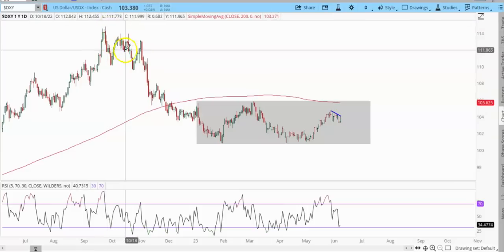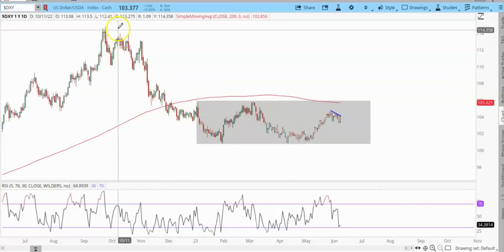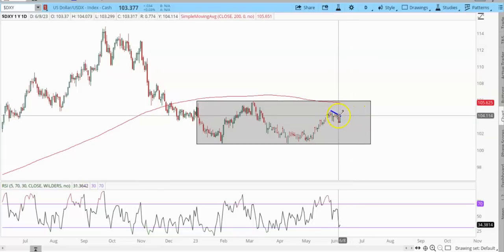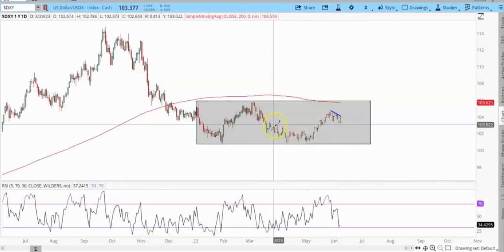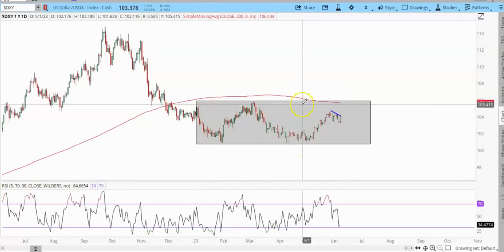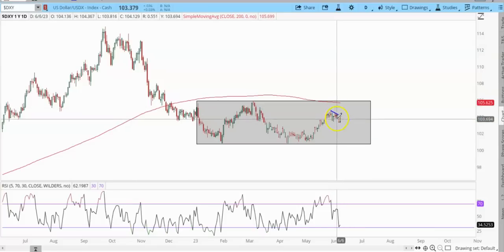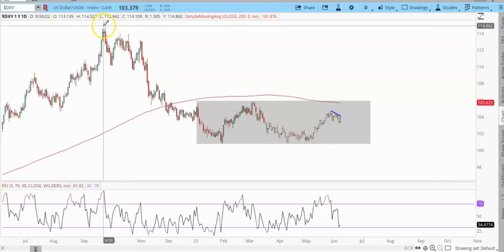And so when that broke down, I think that was a sign that this was the top of the 3-year cycle. And so that would indicate to me that eventually price is going to break down out of this box. And this might be just a midpoint consolidation, and we get a move proportional to the downside as we had to the upside.